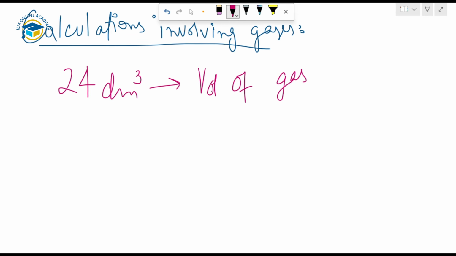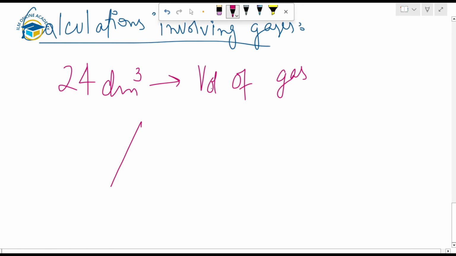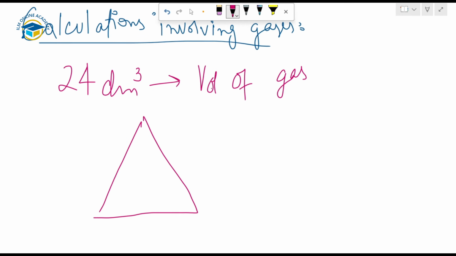For calculating, we have formula triangles through which you can easily calculate the volume. If the volume is in dm³, we use n and 24 dm³ to find the molar gas volume.